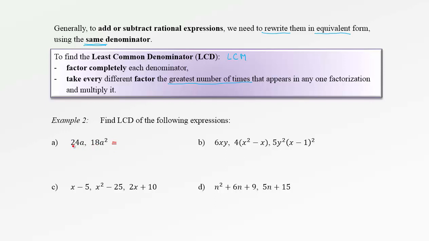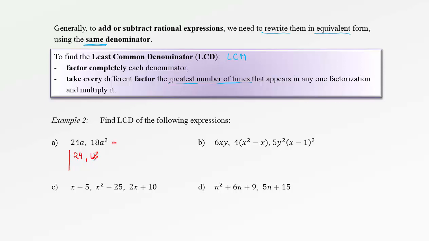Quite often those numbers are easy enough to guess the least common denominator. However, these ones are kind of high. So let's recall the method of how to find the LCD for two numbers. Well, we can list those numbers, 24 and 18. It could be even more than 2, but in this case just 2. And then we can divide by a common factor, any common factor that comes to your mind. It doesn't have to be prime.